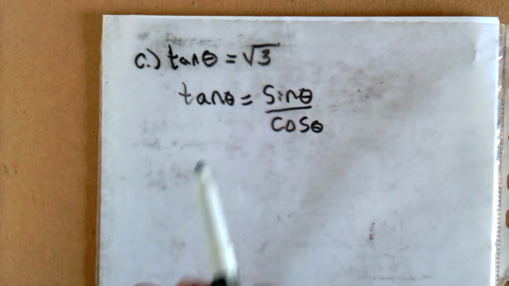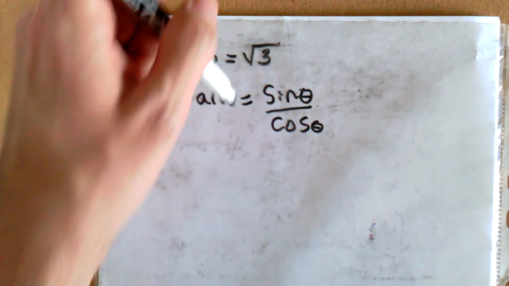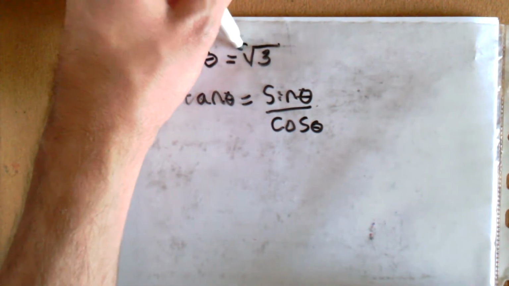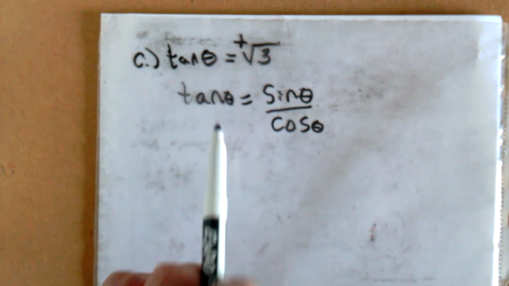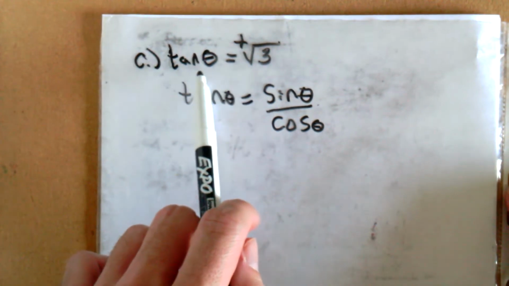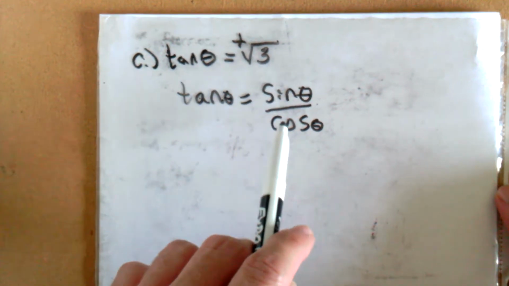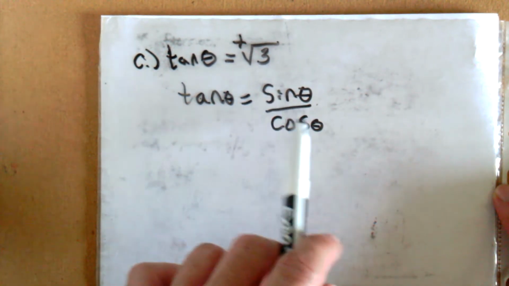Now, we know that our answer, square root of 3, is positive. So what does that tell us, and how does this help us? If we know that tangent's value is positive, then that can happen in two ways when we're dividing two numbers.